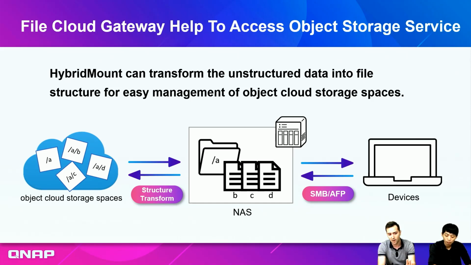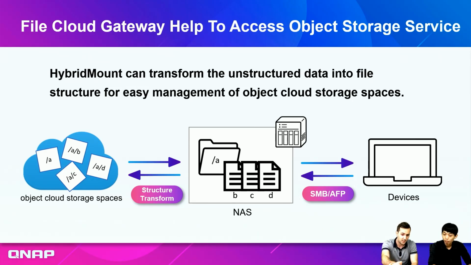So this is how it looks on the left-hand side, the object cloud storage spaces. There are just a bunch of data there, and it is very unstructured. So when we are trying to retrieve them and recall them from the cloud, the NAS as a gateway actually does the structure transformation and arranges it for you, right?